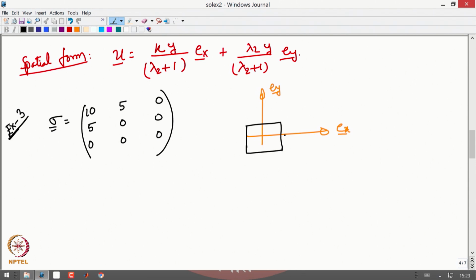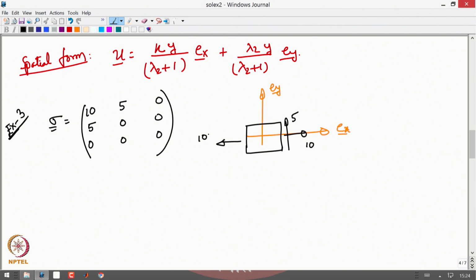So, this will be sigma xx, which is 10, in the positive direction because 10 is a positive number. Similarly, this 5 represents sigma xy, which means the area has its normal along the x direction and the force is acting along the y direction. So, this is 5, right.